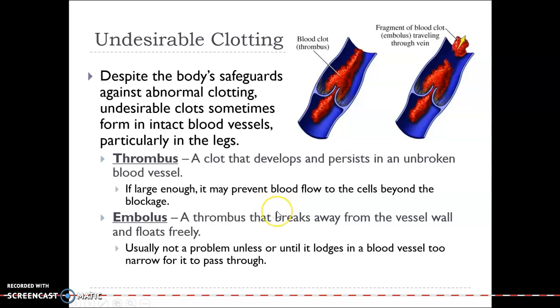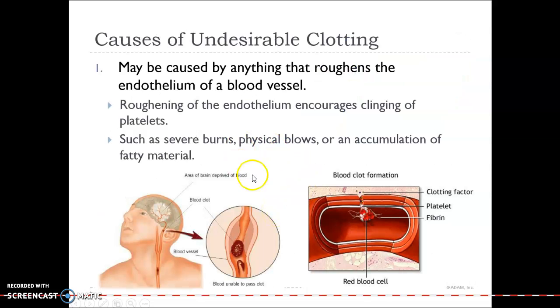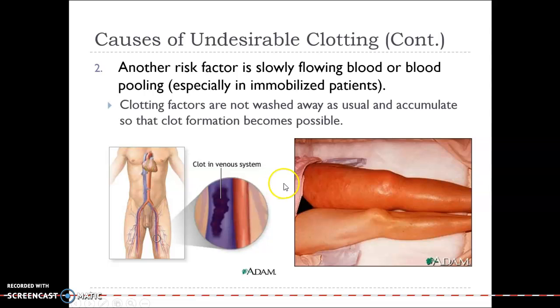So clotting can occur from, like I said, roughening of the endothelium of the vessel, and that can happen from damage to it for some reason, or if you have a lot of fatty material in your vessel, then that can occur, and that comes from your diet and your lifestyle.